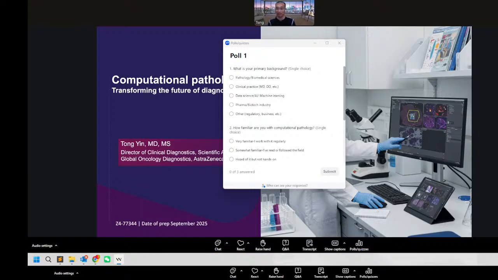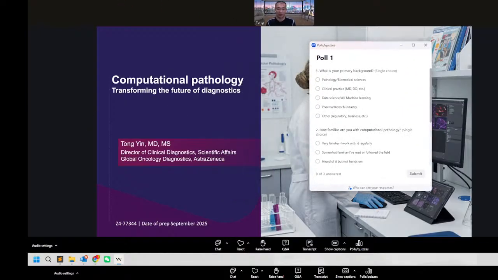Maybe you're mainly focused on the clinical side, or mainly on research, or you're an expert in data science or AI, or you're a pharma or biotech representative, right? So we can probably tailor how we discuss the next session.